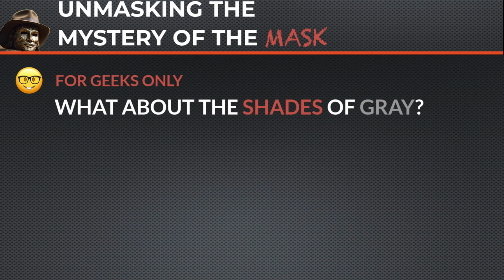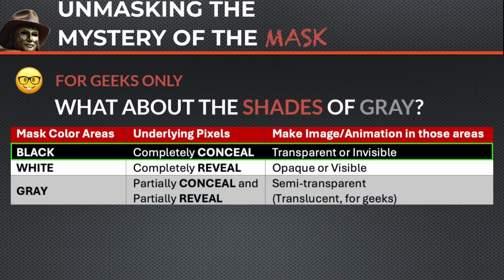But what about the shades of gray? While black areas of a mask will completely conceal pixels of the underlying layer, making them transparent or invisible in those areas of the image or animation, white areas of a mask will completely reveal pixels of the underlying layer, making them opaque or visible in those areas of the image or animation.